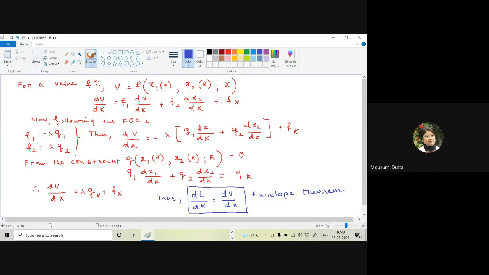Total derivative. So that will be del f by del x1 into dx1 by d alpha, plus del f by del x2 into dx2 by d alpha, plus del f by del alpha.